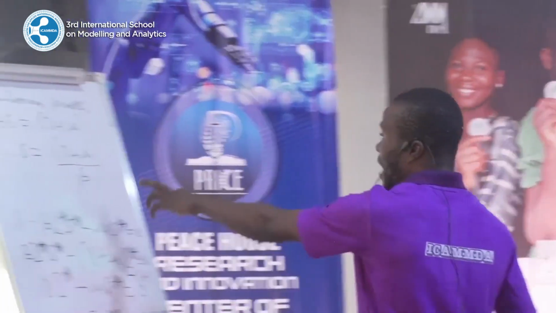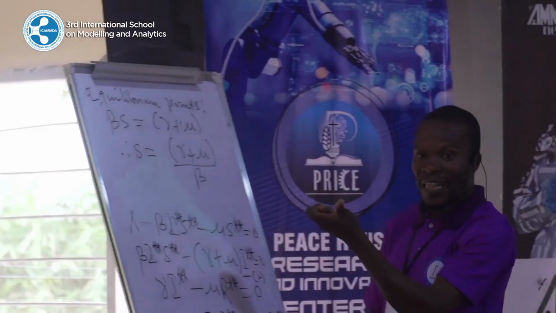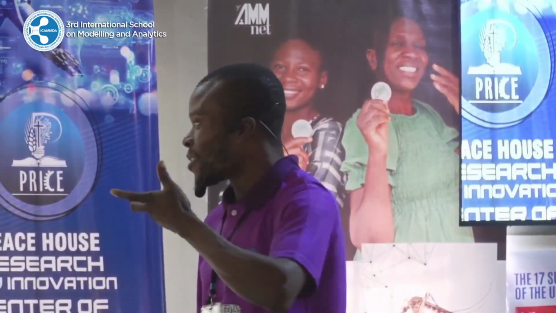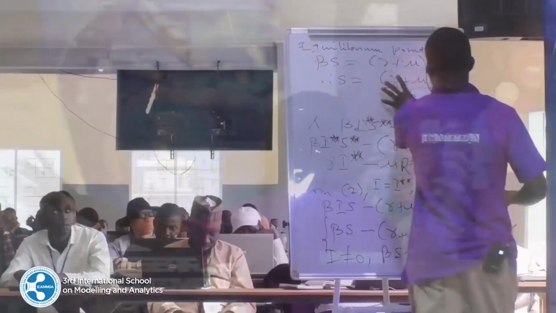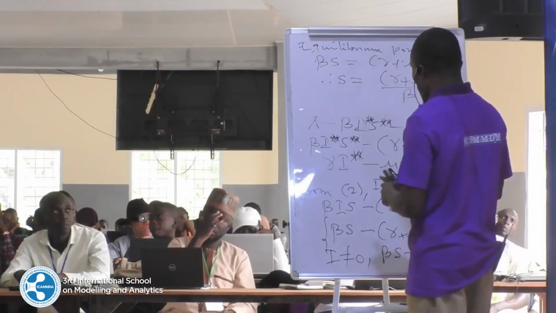Mu is a demographic parameter, which is the life expectancy. I can get that. Beta is the transmission rate. It's either fitted to the data being available or taken from literature. So I'll be able to get my S explicitly in terms of the model parameters.